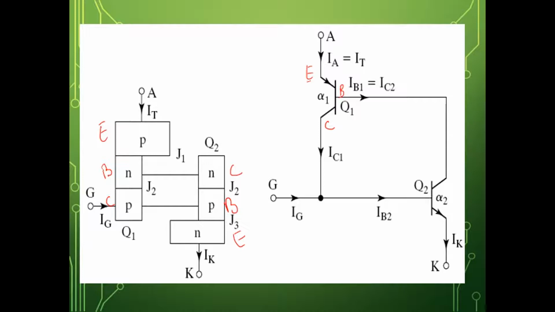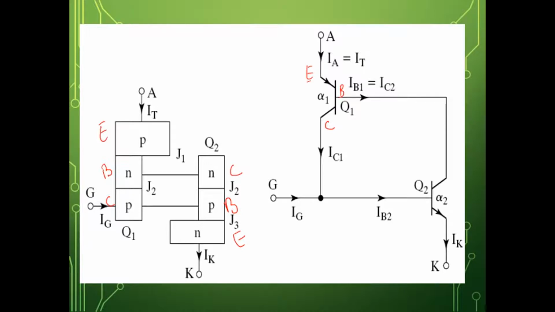The base of the first transistor is connected to the collector of the second transistor, that we have done here. Similarly, the collector of the first transistor is connected to the base of the second transistor, and this is our emitter terminal.